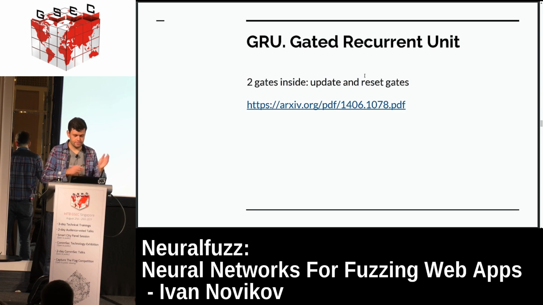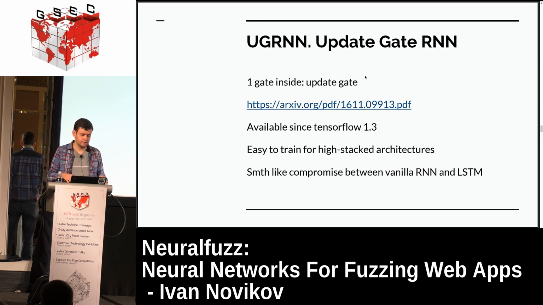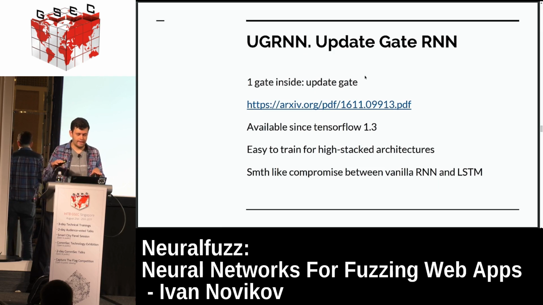And this year, TensorFlow released a new way. Do you know how? They cut another gate. We have the update gate RNN now with only 1 gate inside. It's something in the middle between vanilla recurrent neural networks, where there are no gates at all, and LSTM with 3 gates.